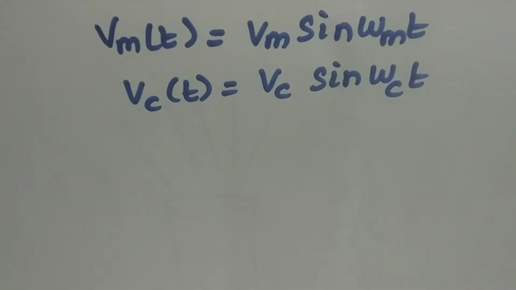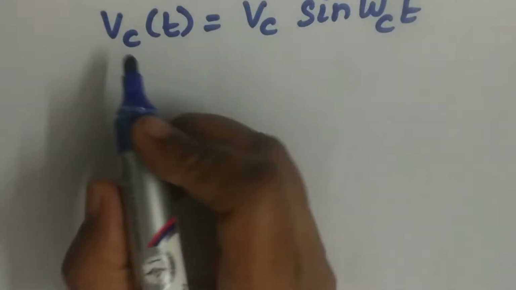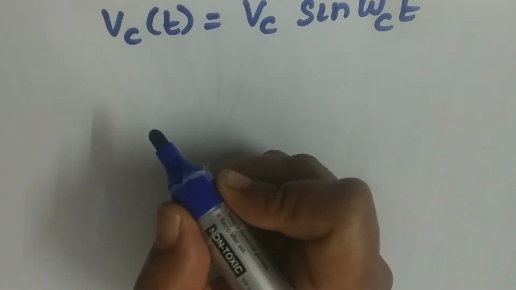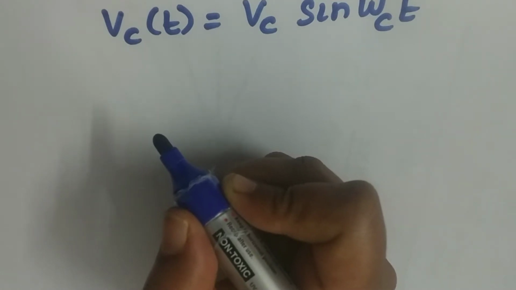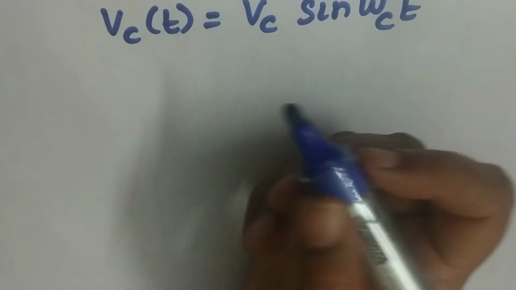Then we write V1 of t and V2 of t. V1 of t is the multiplied version of the 90-degree phase shifted message and carrier signals. V2 of t is the multiplied version of the normal message signal and carrier signal.